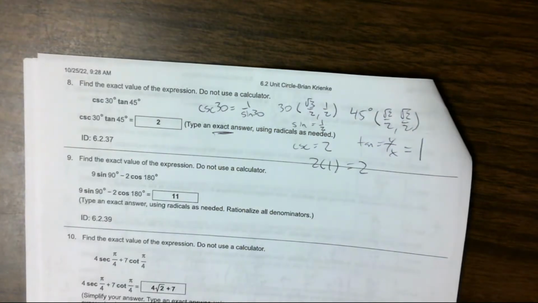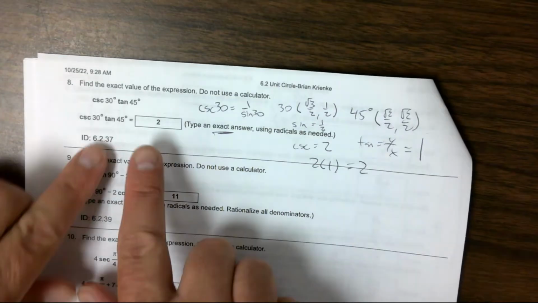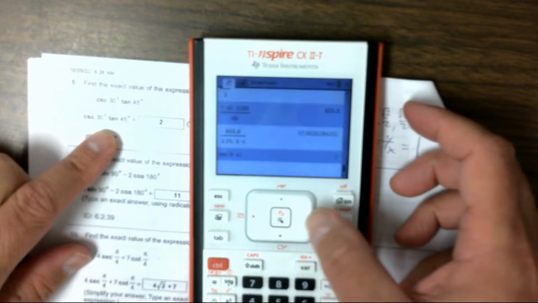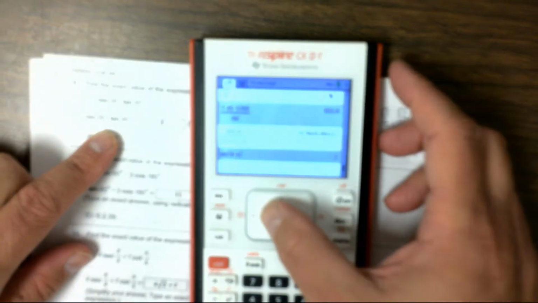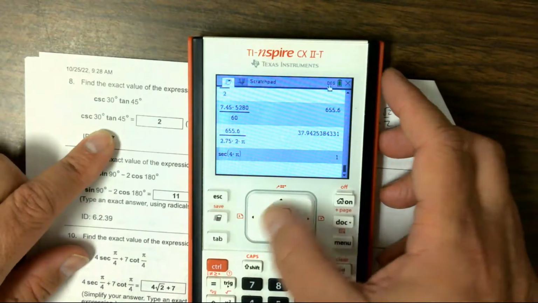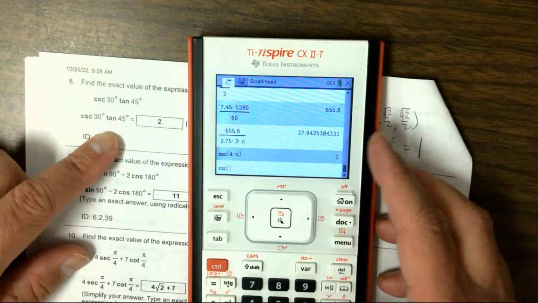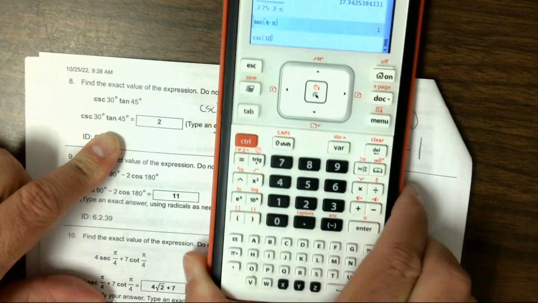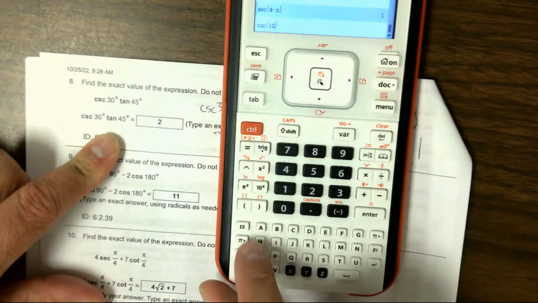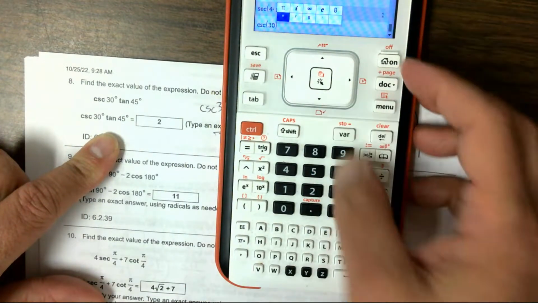Now, if you are using a calculator, make sure you're in degree mode by clicking that, or just use your degree symbol, like hit the pi button, and then here's the degree symbol.